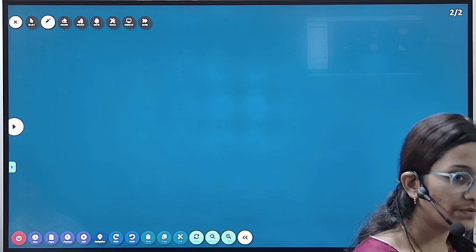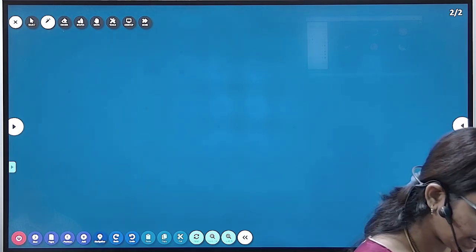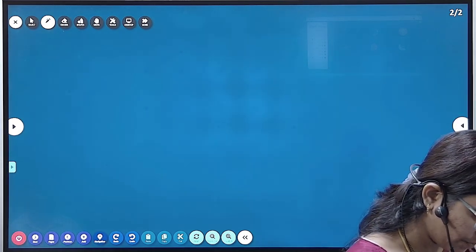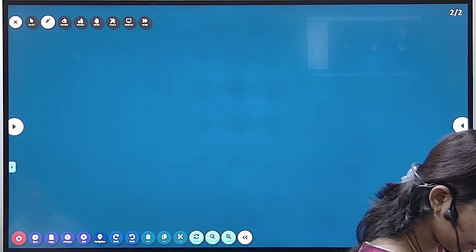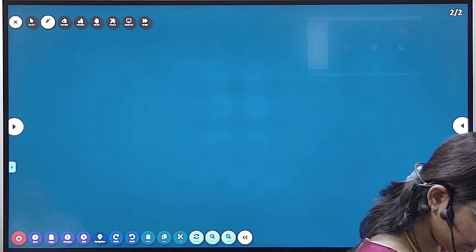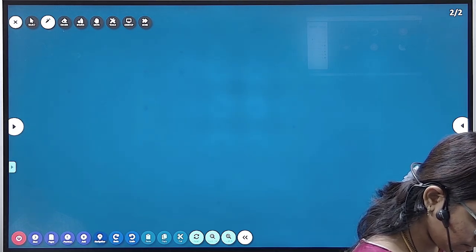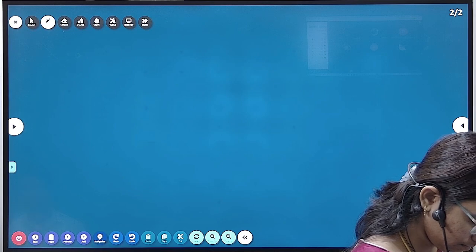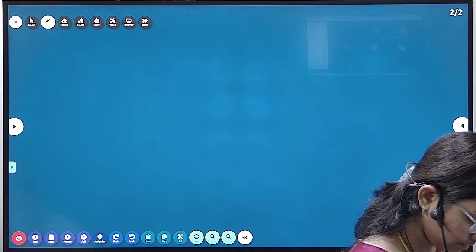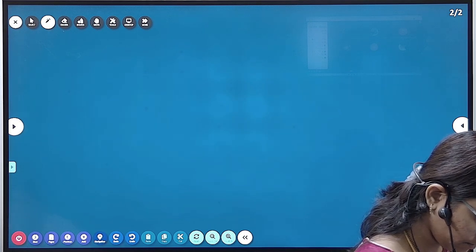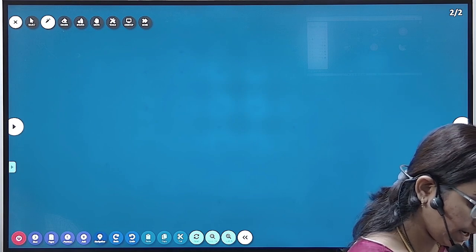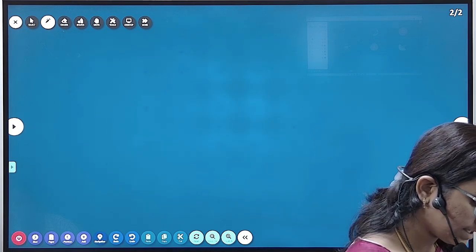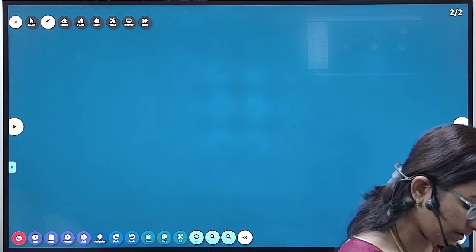Write S square C square, S square C square AME.